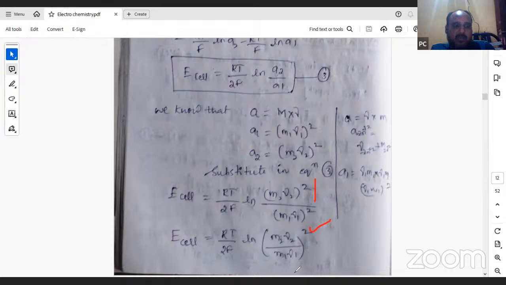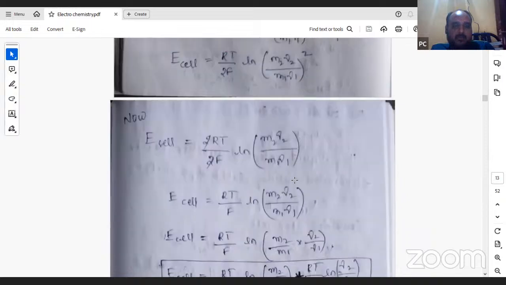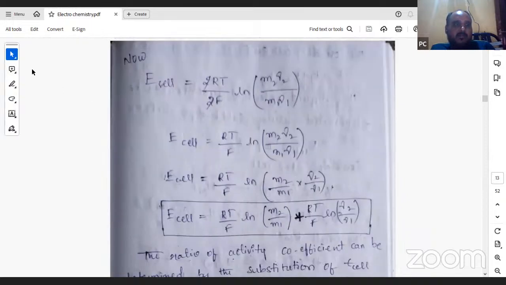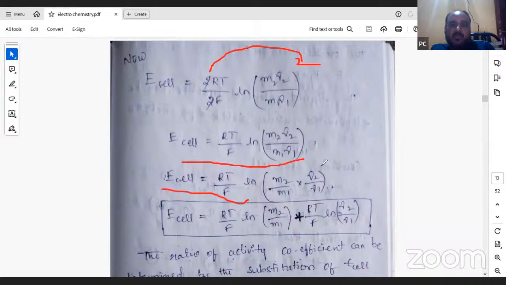So the simplified equation: the square from the previous slide, that 2 will come here, and the 2 gets cancelled, giving RT by F ln (gamma 2 M2 by gamma 1 M1). Therefore, E cell is equal to RT by F ln M2 by M1 into gamma 2 by gamma 1.